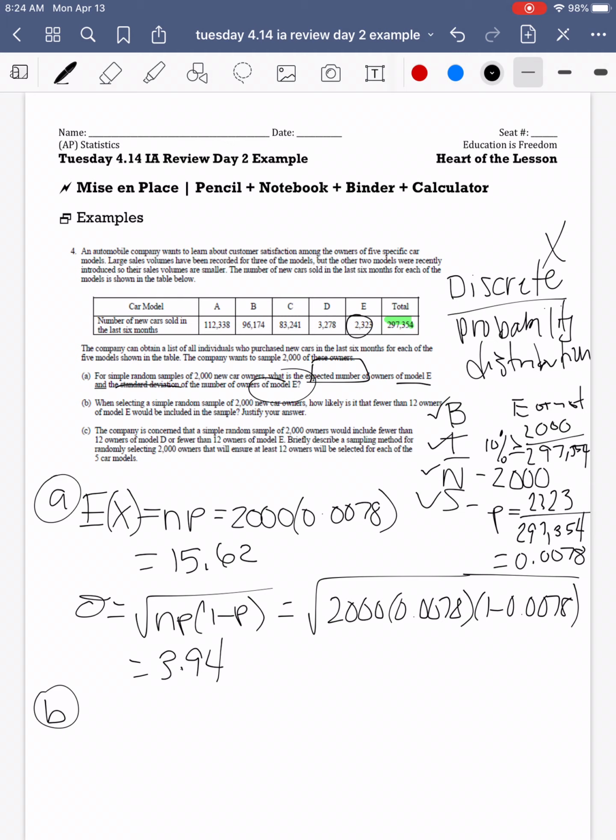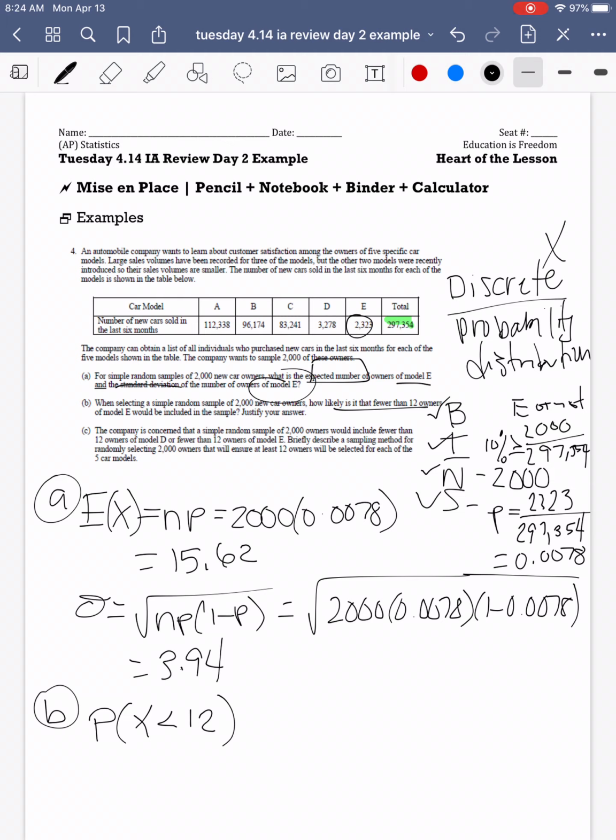So it's saying how likely it is that fewer than 12 car owners. So we're trying to find the probability that x is less than 12. Here, I know that if I have an inequality, I need to use a CDF.